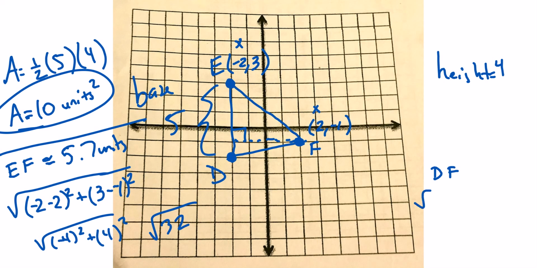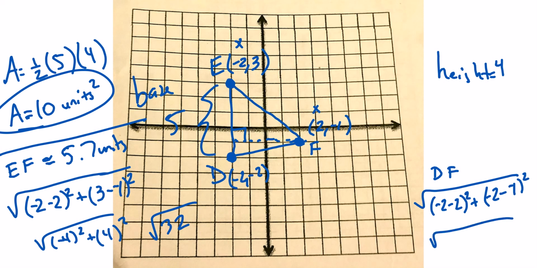So now I'm going to do FD, or DF. I'm going to do my radical. D is -2, -2. So I'm going to do -2 minus 2 squared plus -2 minus -1 squared. Inside the radical, the first set of parentheses turns into -4, then it's going to be squared. -2 minus -1 is like -2 adding 1, so it's -1 squared.